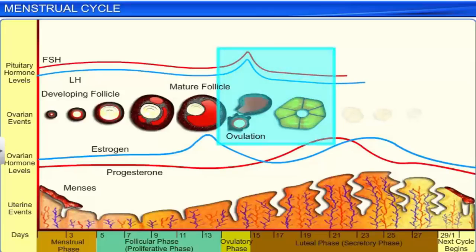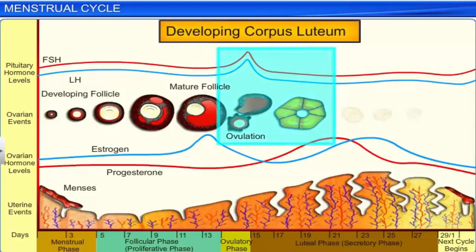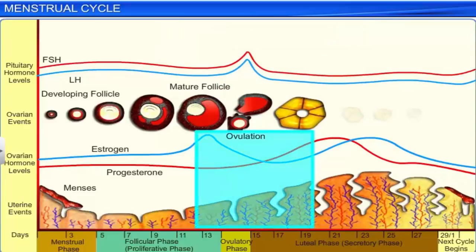This LH surge causes ovulation by rupturing the Graafian follicle and turning the follicle's remnants into the corpus luteum. The estrogen level in the body too reaches its peak, and we see a gradual thickening of the endometrium.